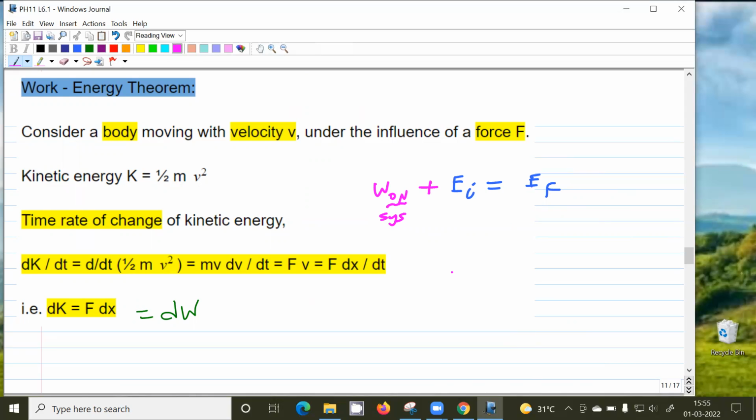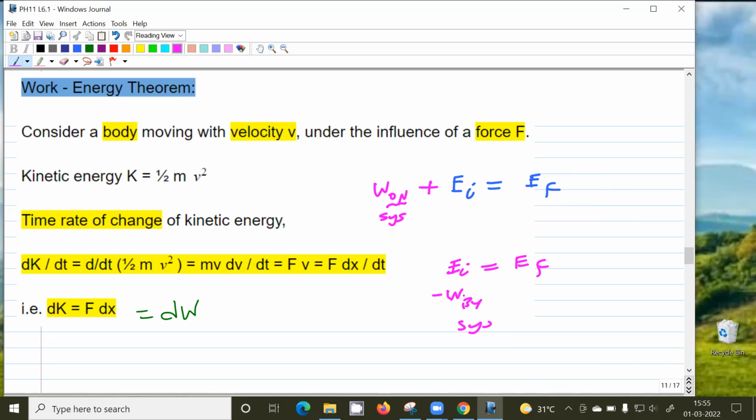And if you consider work done by the system, it will be initial energy minus work done by the system. Is this clear? When the system does work, it loses energy, so the final energy will be less than the initial energy.